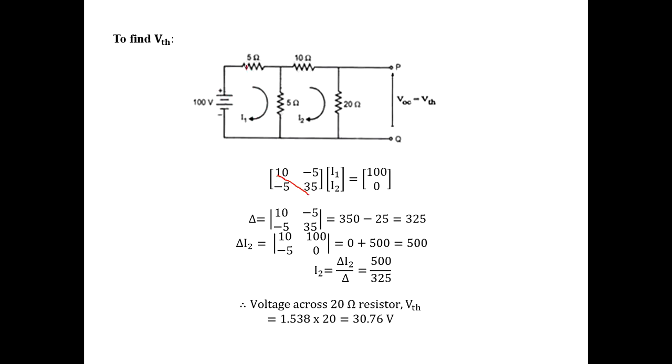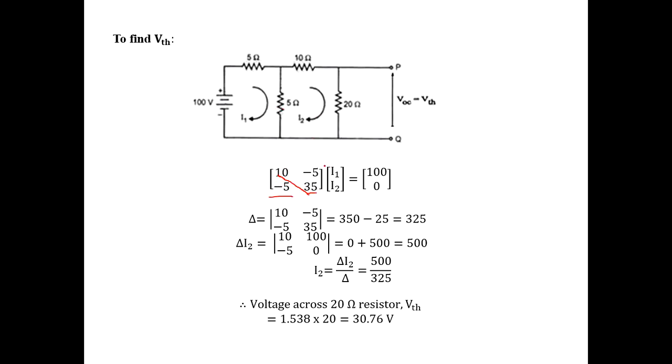Add all the resistors: 5 plus 5 is equal to 10. This is the place of A22, the second loop. Add all the resistors: 10 plus 20 plus 5 is equal to 35. Then this place is A12. Between 1 and 2 the value is minus 5. This place is A21. Between 2 and 1 the value is minus 5.